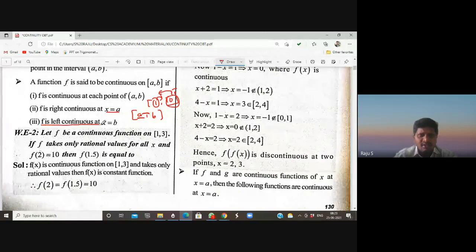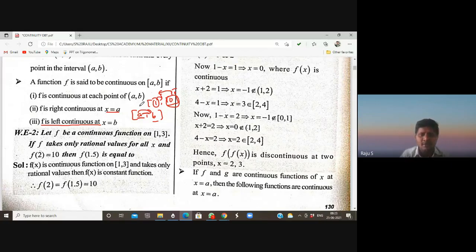So it's left hand continuity at b, right hand continuity at a. So here the function is continuous at endpoints as well as between those endpoints.